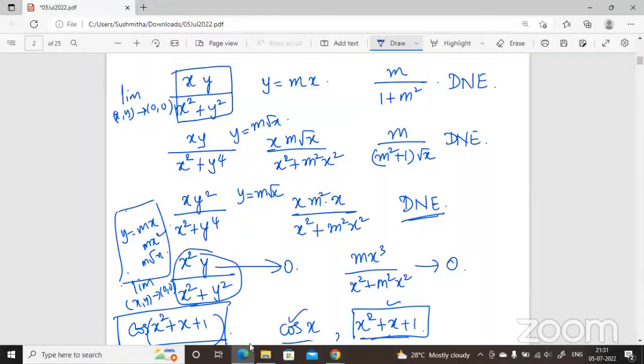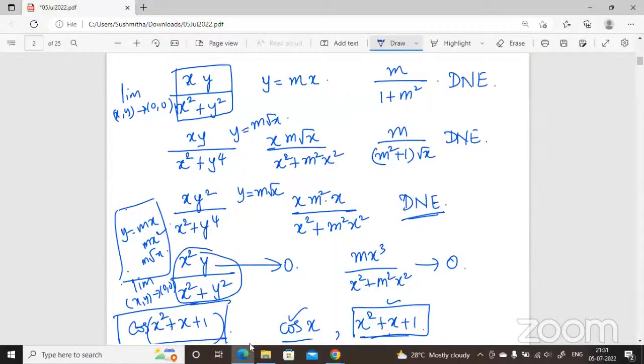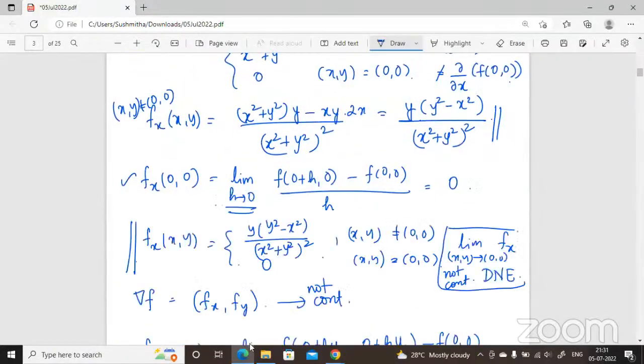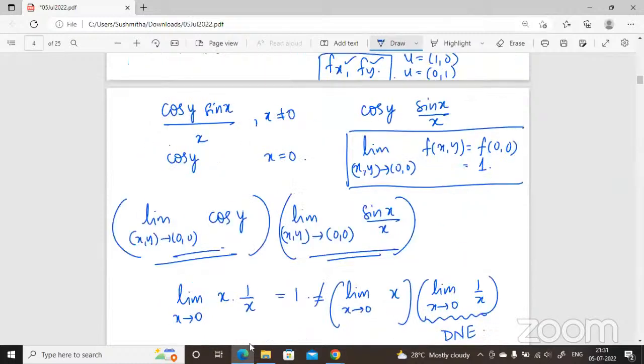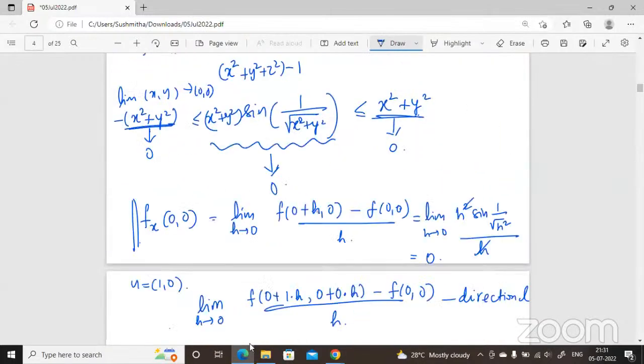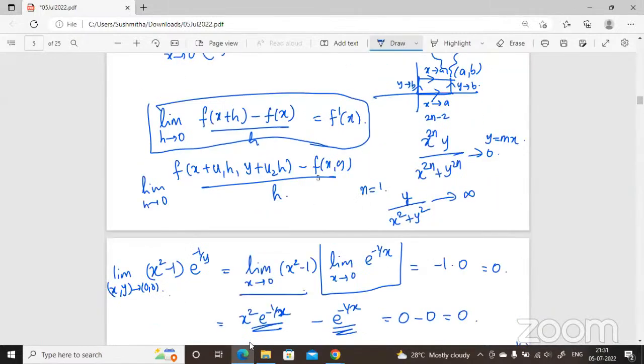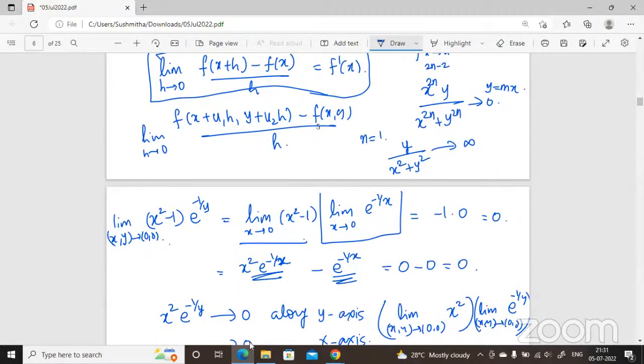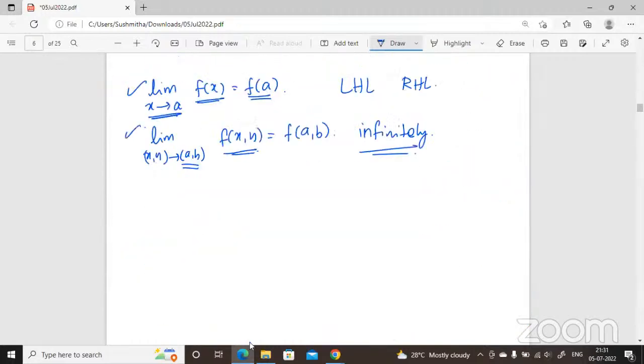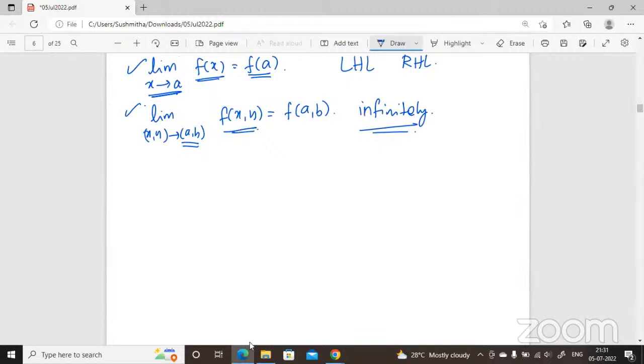When we are finding the directional derivatives, we add the h, x plus h and y plus h, and look at that. That is the derivative part of it. When I'm only computing limits, do I still use the h or not necessarily?